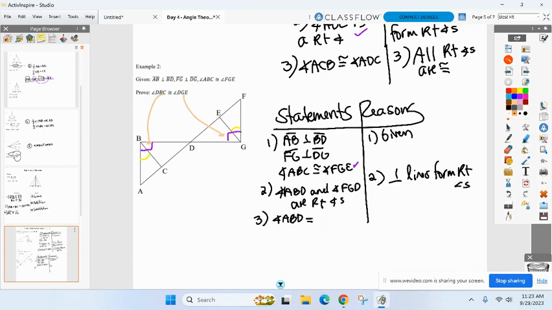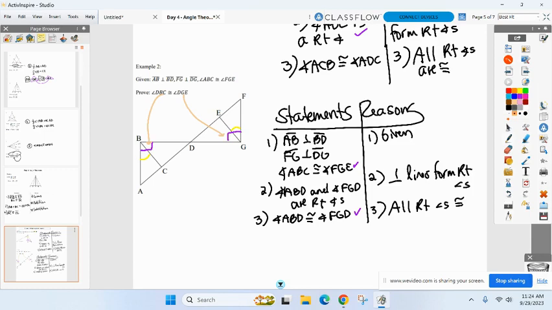This is a habit you're going to get into. Tell me they're right angles, very next step, tell me they're congruent. And then that's our new reason today, all right angles congruent. Now you have your second pair of equal quantities. And now what can I do in step 4 to those?